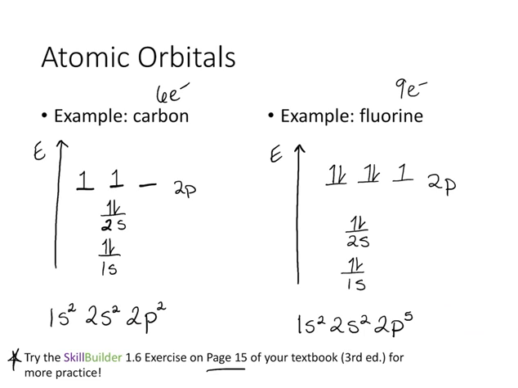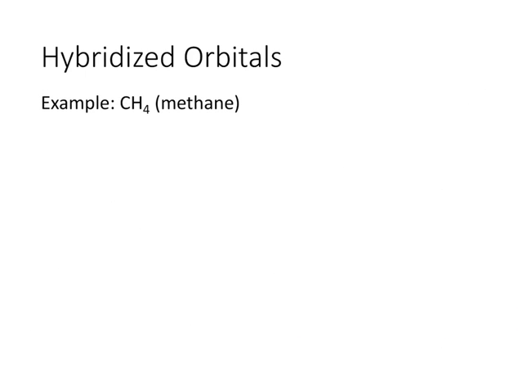But we know that carbon can make up to 4 bonds. So what's going on here? So this is where that atomic orbital theory really falls apart. And we have to account for that by hybridizing our orbitals.